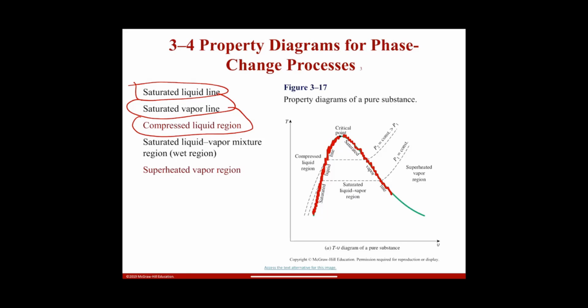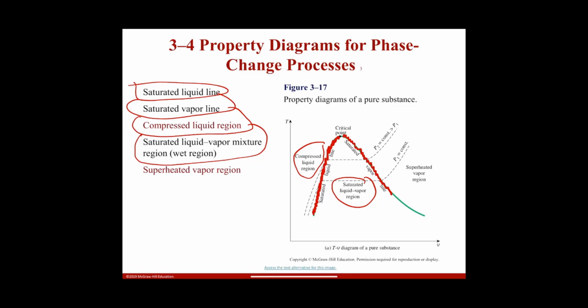We have the compressed liquid region, which is this one right here. In that region, I only have liquid, regardless of the pressure or the temperature. Then we have another region, the saturated liquid-vapor region. In that region, I have liquid and vapor combined.